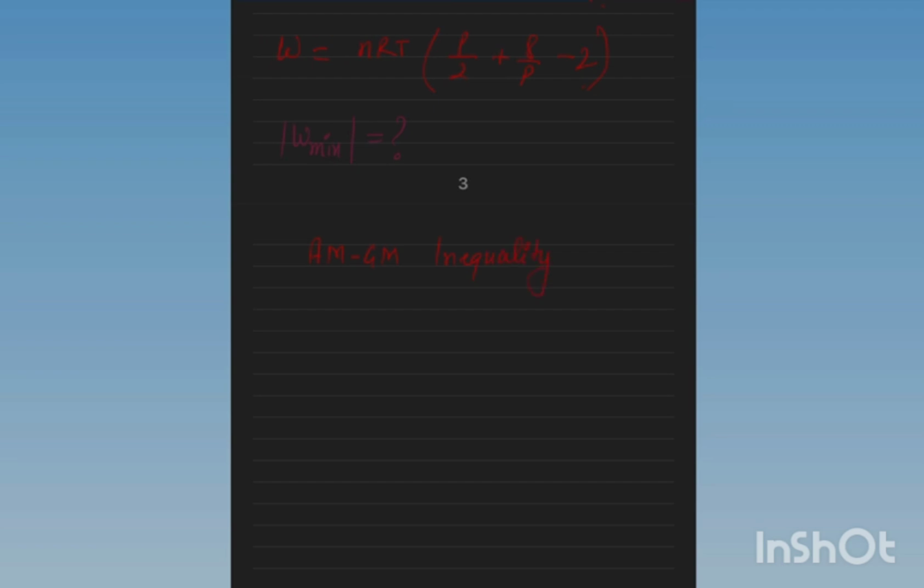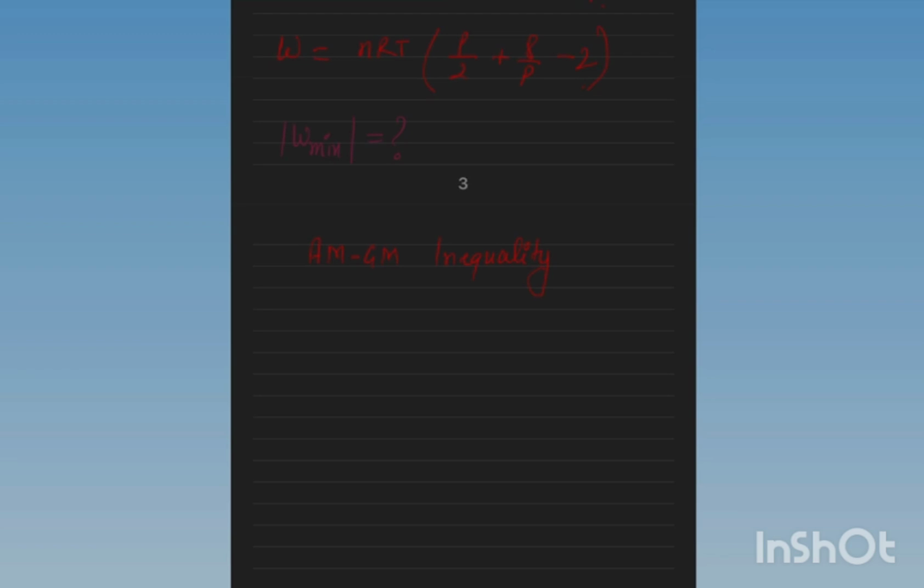The AM GM inequality says that for any number of non-negative values, the AM, that means the arithmetic mean, will always be greater than or equal to the GM, that means the geometric mean.